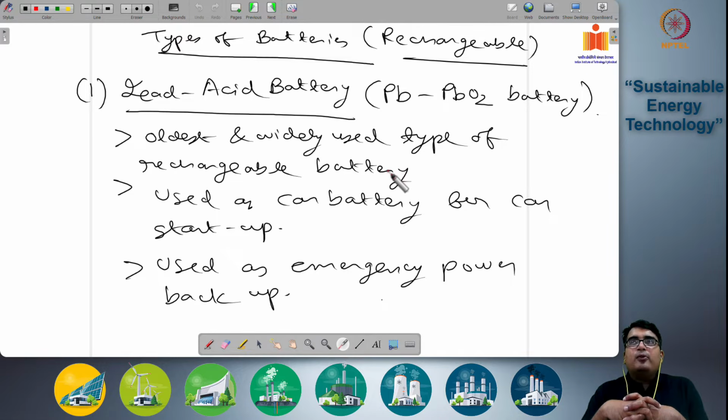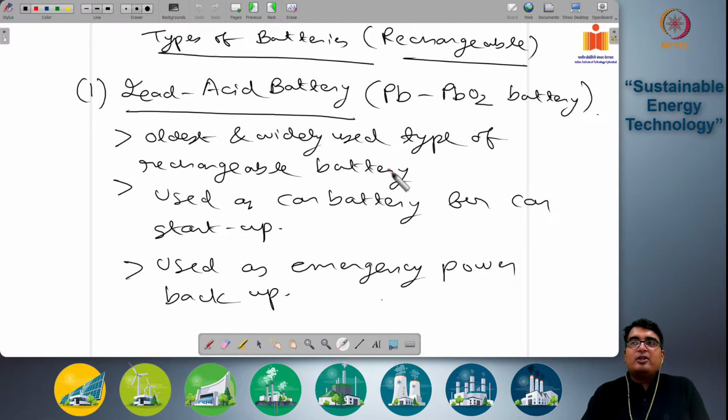So if you have experience of driving a car or being in a car, you would know that initially the car requires a button or a key to start, and long before we went to electric vehicle systems, all car engines had a battery that was used to kickstart the car engine.